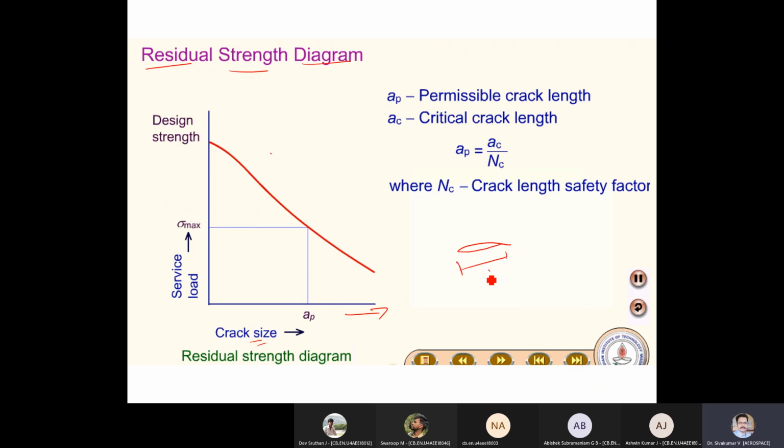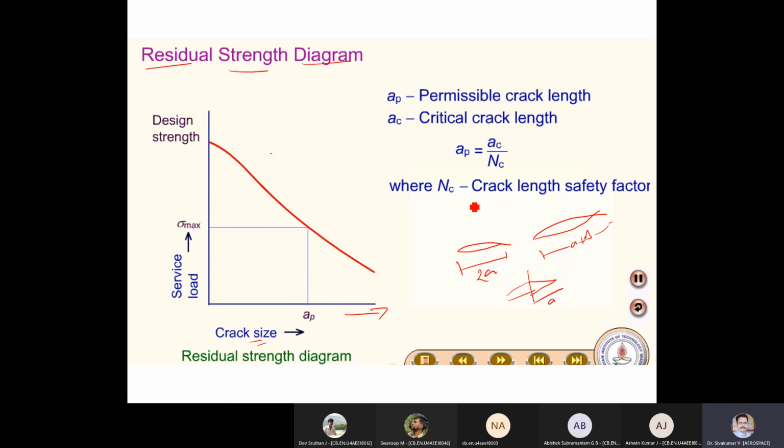This is the A. A plus delta. Likewise, crack size A. Or sometimes they will say 2A. Sometimes for the same length people will say 2A or A. So A means half crack length, 2A means full crack length.